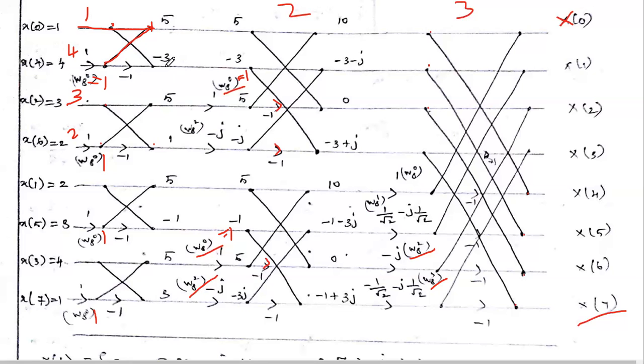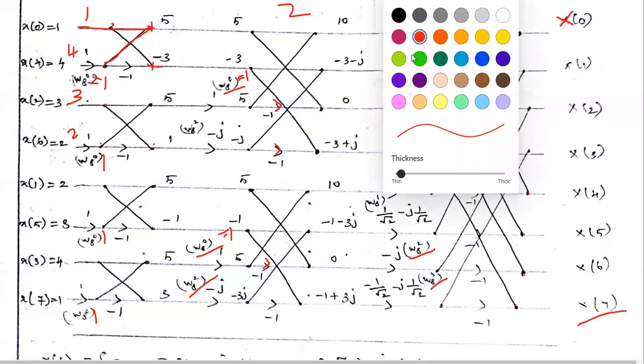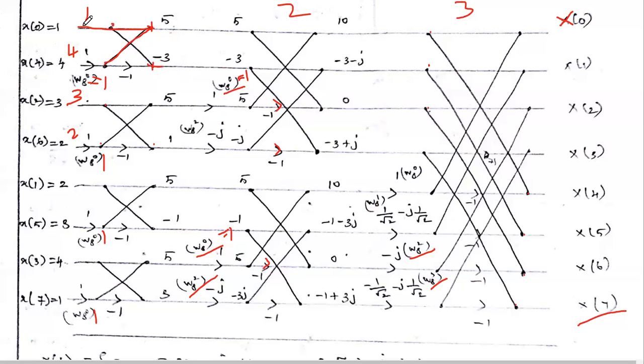Okay. Similarly, we have to find out the answer here. There is one adder here. What is the output of the adder in this node? We have to calculate. What is the first data coming here? In order to differentiate, I am going to use a different pen. You see here the same one.